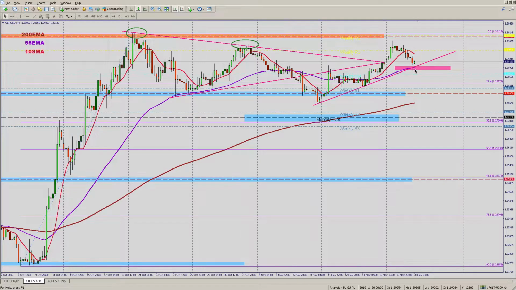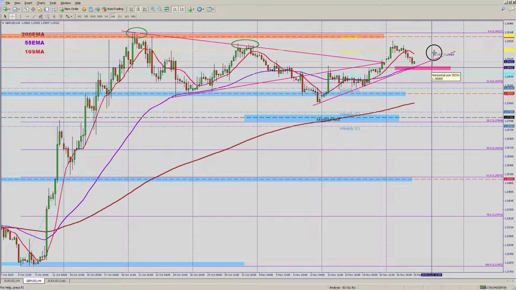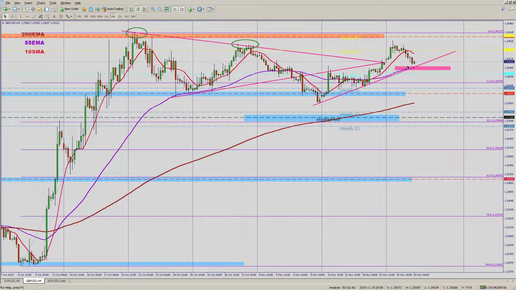If it does bounce from here and climb back up, it needs to break above the weekly R1 and back to target the 130.00 level. So this could be a potential move and a potential range, but we'll see over the next couple of days.